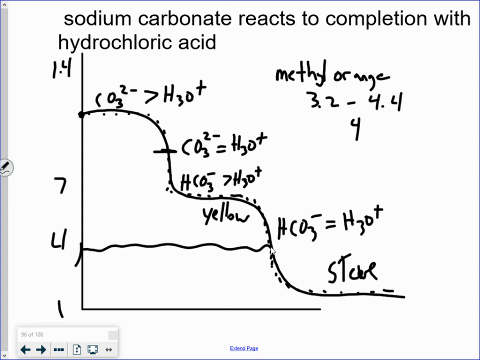So it's going to be yellow all the way up here. And then below 3 is going to be red. Because that's its range. It's red, and then it's yellow. So what color does red and yellow make? Well, kind of orange. So we'll know we're at our endpoint at pH 4 because orange is a mix of the two different endpoint colors. Okay.